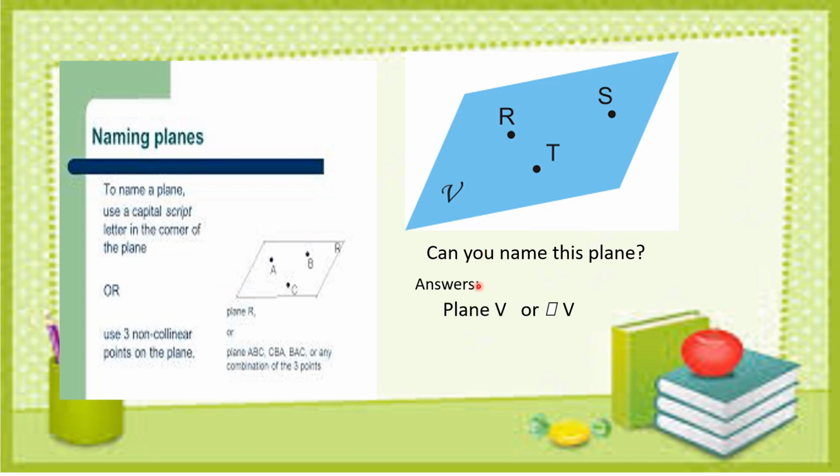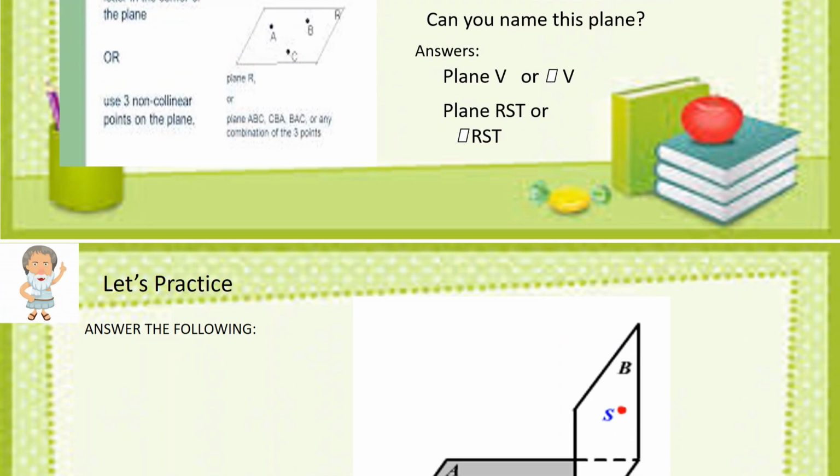So this can be named as plane V, or in symbol, this symbol for plane is a little parallelogram. Or we'll use the 3 non-collinear points in this plane, so in words or in symbol.